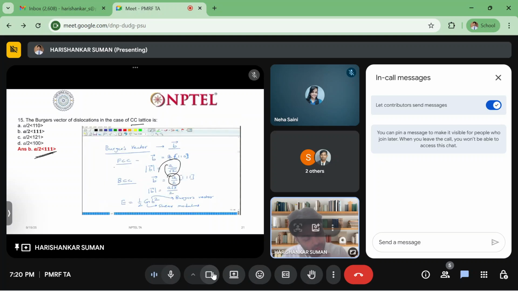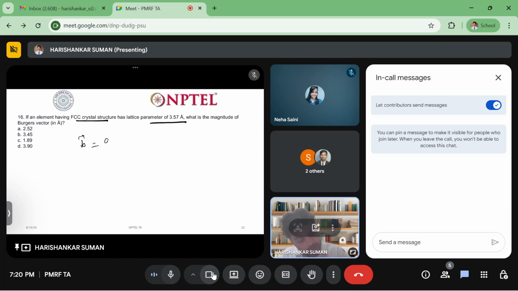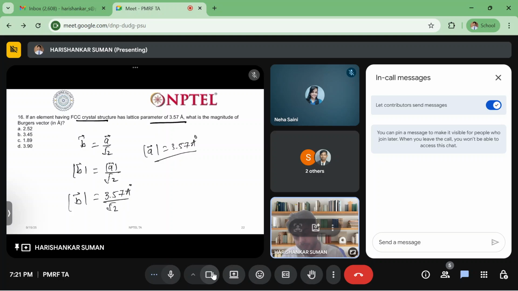You can use this FCC formula directly, A by 2 in the 110 direction. When we take the modulus, the magnitude is A divided by root 2. Please calculate this number in angstrom. Tell me the answer.